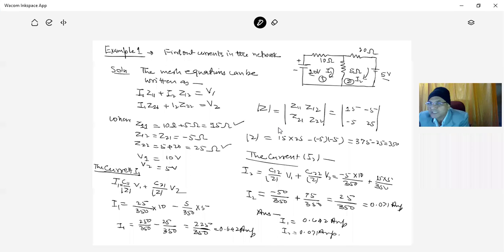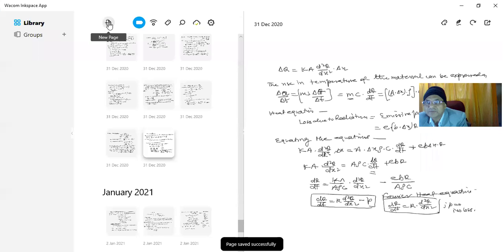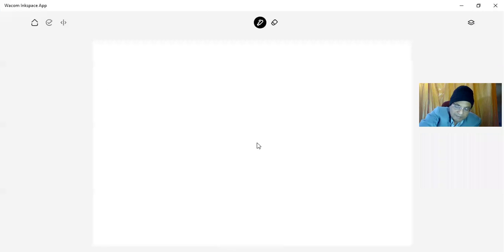The other method is the traditional method that you have applied in your 10+2 standard, but we use here Cramer's rule. Now we take example 2.